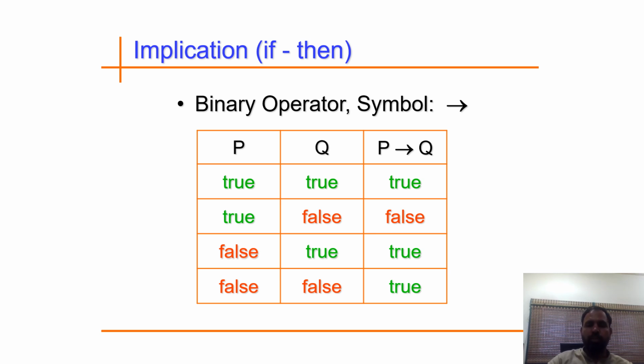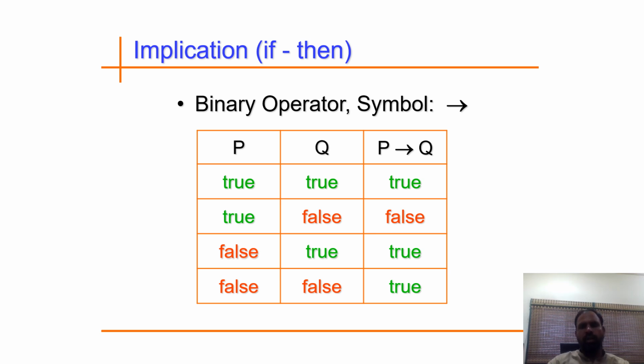We discussed in the previous slide about the definition. If P is true and Q is false, then it will be false, otherwise it will be true. If P is false and Q is true, then P implies Q is true.